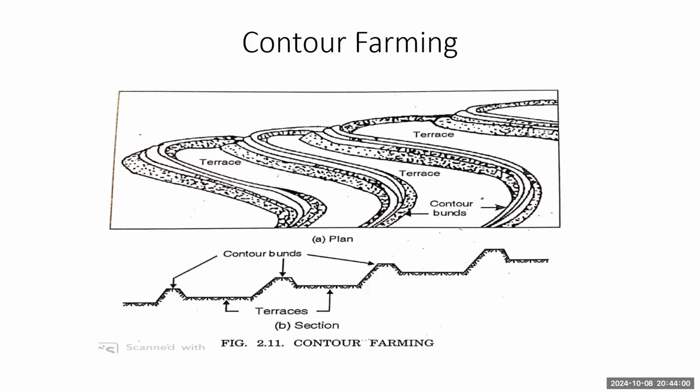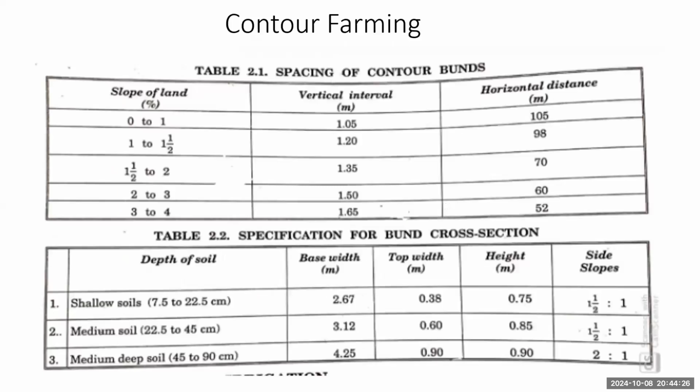So we can see the plan and the cross section. For that, the contour bunds are constructed. Here some earthwork is required, and by earthwork these terraces are formed, and then the plots are made ready. In contour farming, to prepare these contour bunds, this information is important to decide the spacing of the contour bunds and the section of the contour bund.